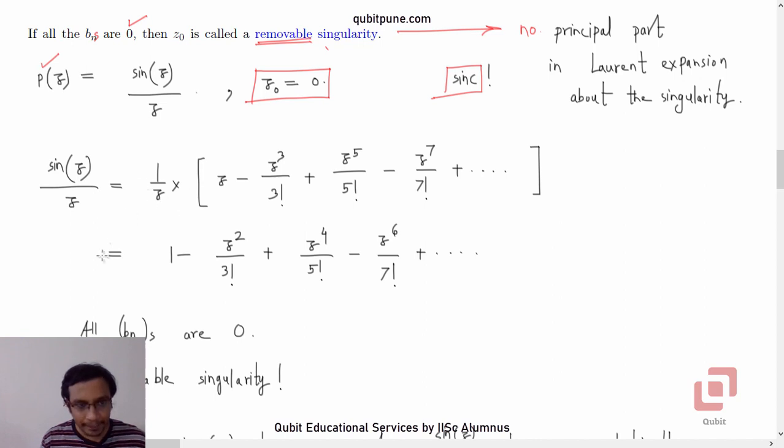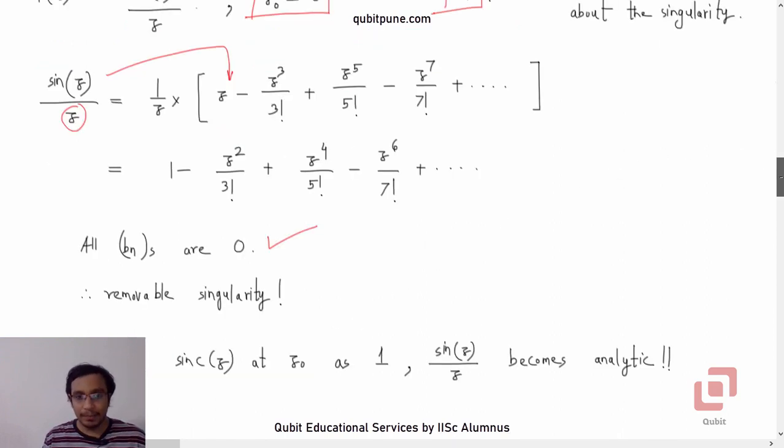Because the smallest power there is z and the largest power in the denominator is also 1, or z, this leads to the cancellation of z. This then leaves no negative integral powers of z, which means all bn's are 0, and hence it is a removable singularity by definition.